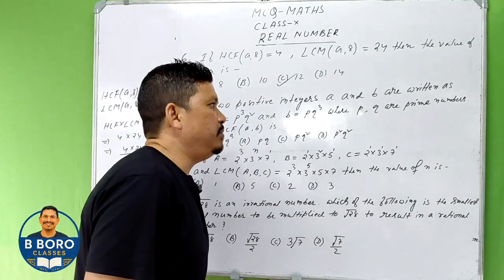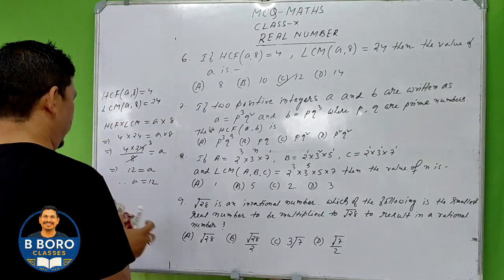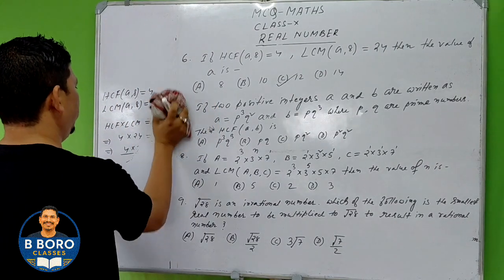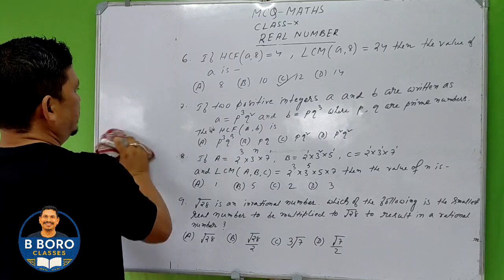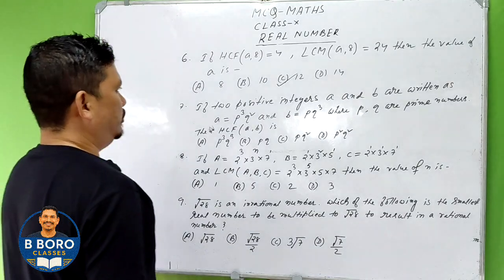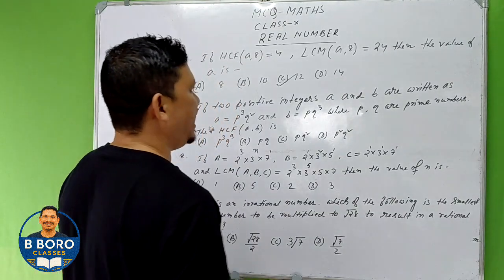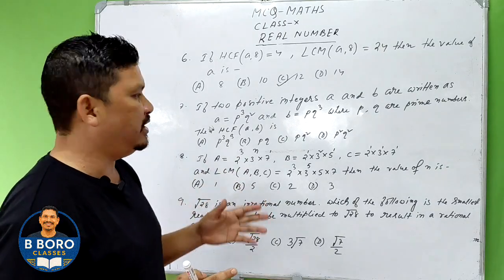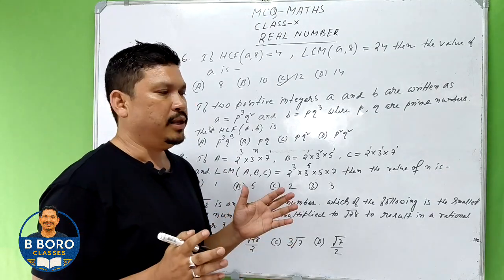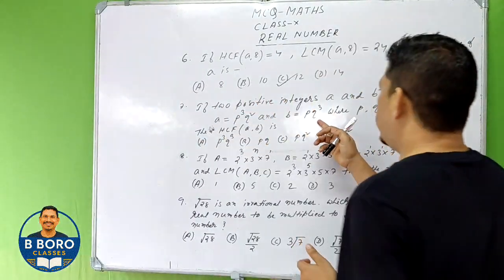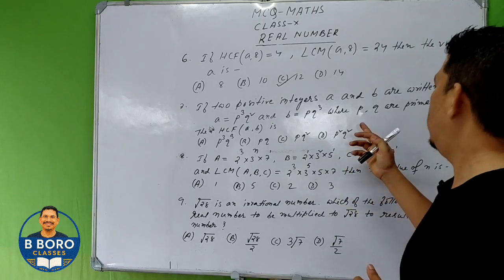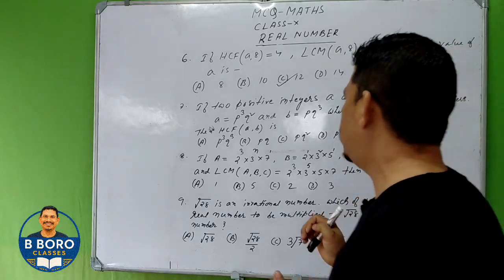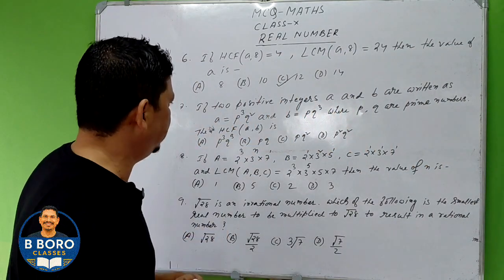Next, proceed to question number 7. If two positive integers a and b are written as a equals p cube q square, b equals p q cube, where p and q are prime numbers, then HCF(a, b) is.